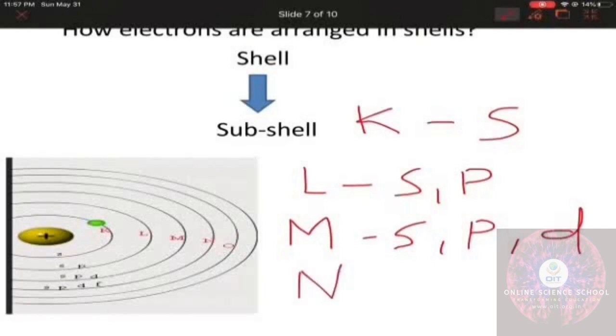N shell has s, p, d, f subshells. So, once again, K shell has 1 s subshell, L shell has 1 s and 3 p subshells, M shell has 1 s, 3 p and 5 d subshells, N shell has 1 s, 3 p, 5 d and 7 f subshells.